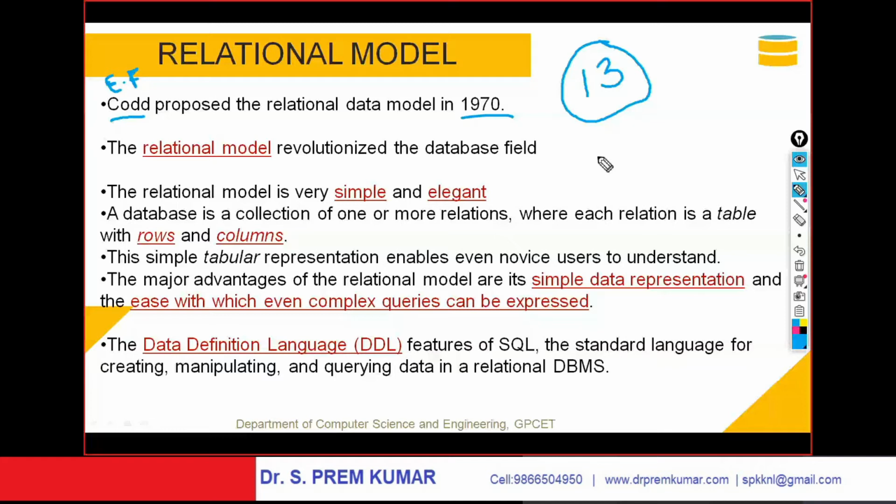We discussed data models. The underlying structure of the database is called a data model. Out of different data models, the relational model is the most popular data model. Why is it popular? It is simple and elegant. It looks good and is very simple to understand.